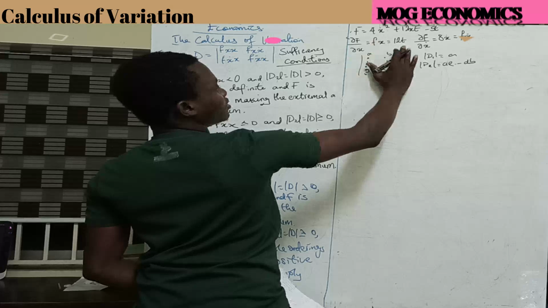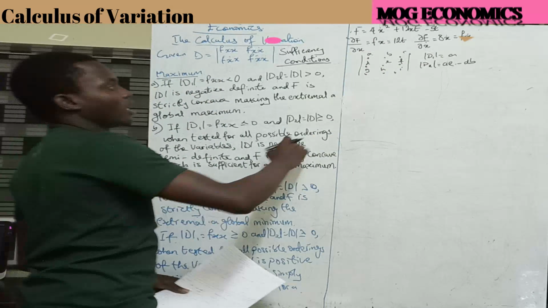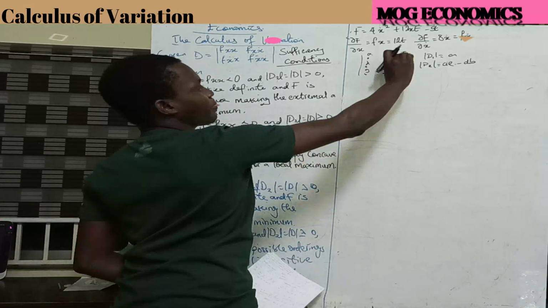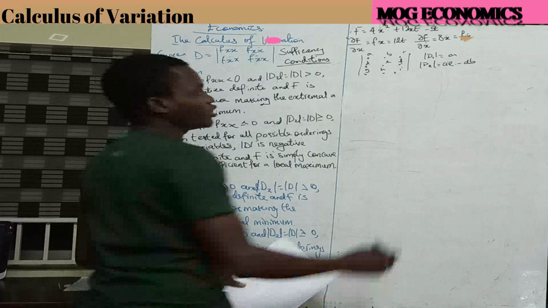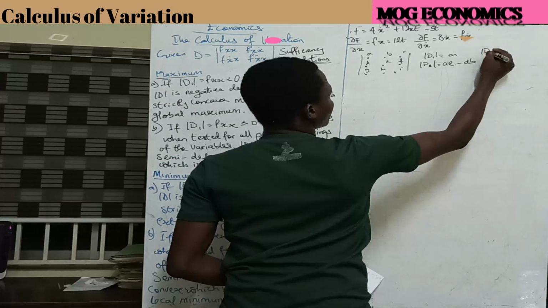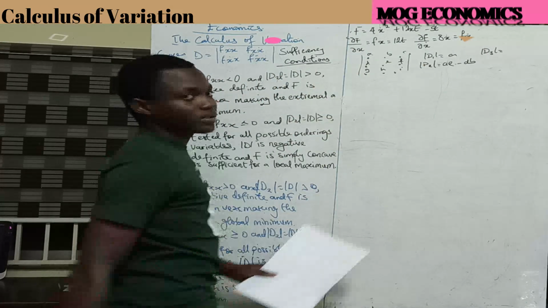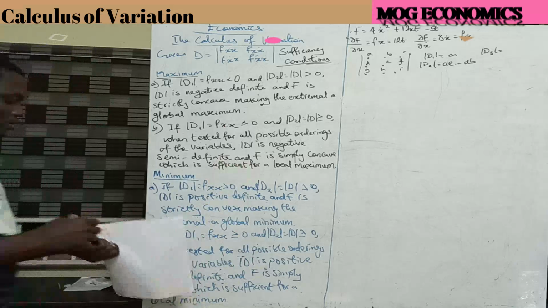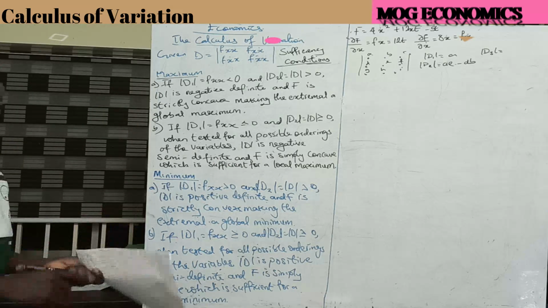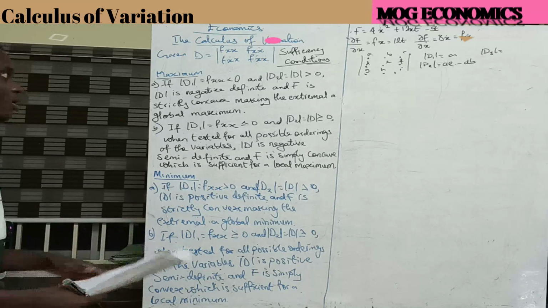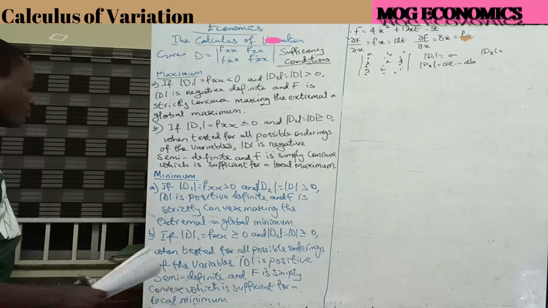So it's as if you are limiting the matrix to a 2 by 2 format, like you are assuming this column and this row are not there. Now for you to get your D3, that's going to be the determinant of the entire 3 by 3 matrix. That's not where we are going. Under calculus operations, for the ones you'll be doing in this series, you'll only be limited to a 2 by 2 matrix, so you don't have to bother yourself with that.